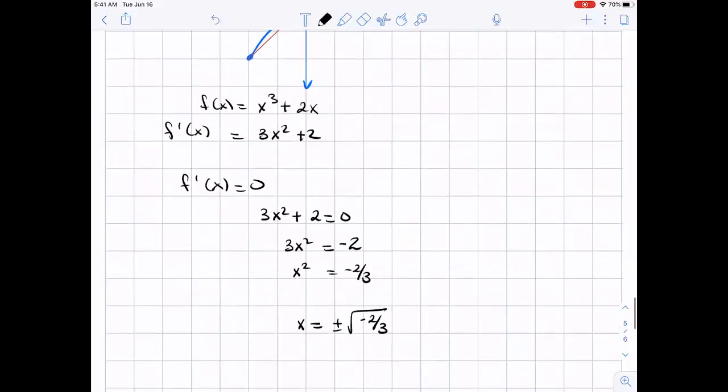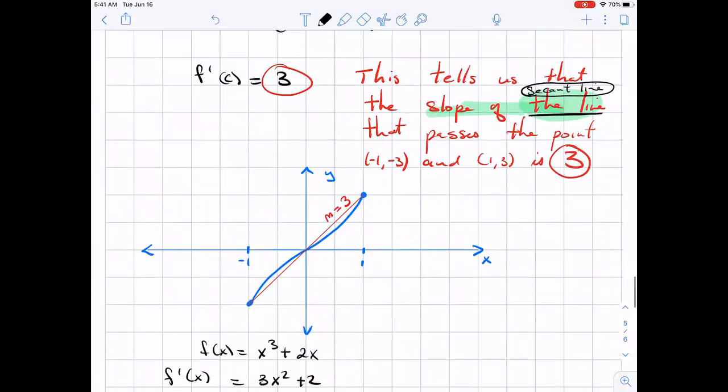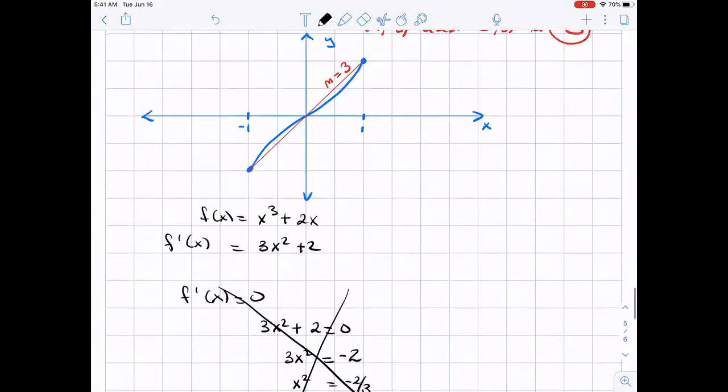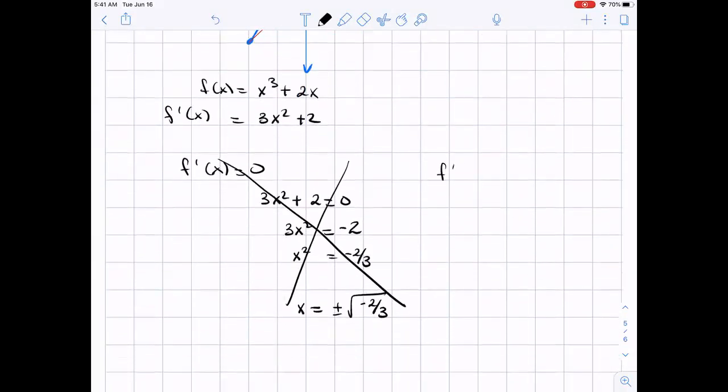In actuality, there's a little error here because our f prime of c was equal to 3. So we have to set f prime of x equals 3, not 0. So 3x squared plus 2 equals 3.